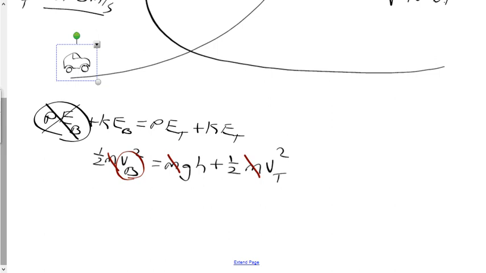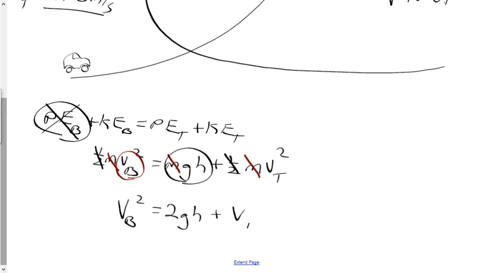I'm going to multiply each side of the equation by 2, so that's going to get rid of the 1/2, and that's going to multiply this part by 2 as well. So that means that the velocity at the bottom squared equals 2gh plus velocity at the top squared. Okay, and now I just simply take the square root of each side.